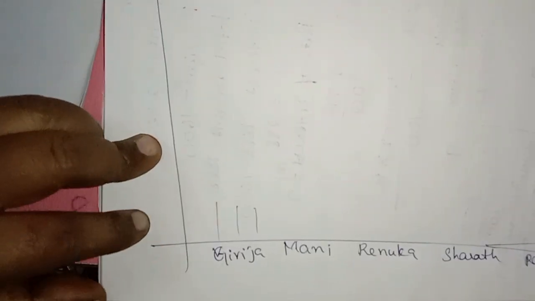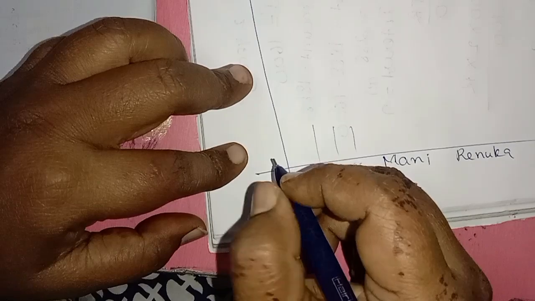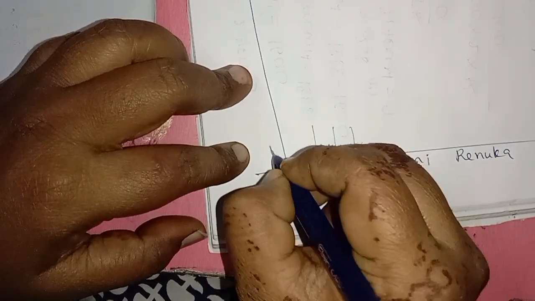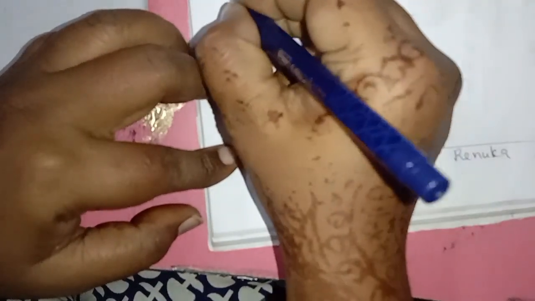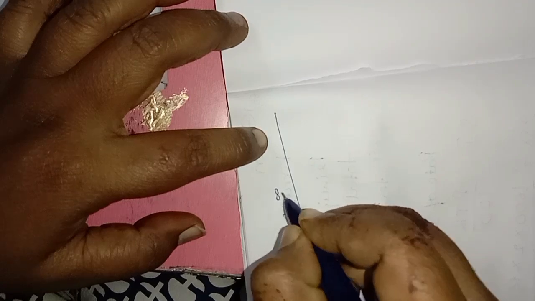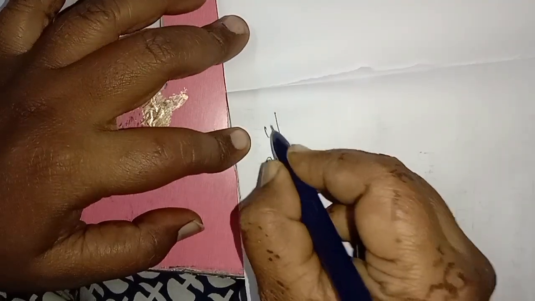Okay. So 10, 20 I am taking directly: 10, 20, 30, 40, 50, 60, 70. The highest is 100, so take up to 100.